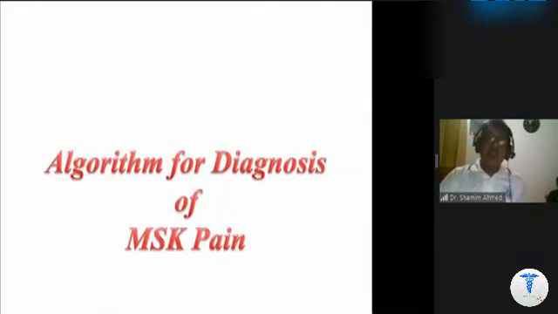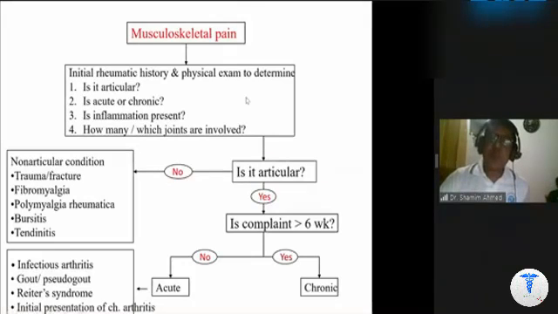Now, there is a simple algorithm for diagnosis of musculoskeletal pain. When a patient has joint pain or musculoskeletal pain, we should initially take a rheumatic history and do a physical examination to determine whether it is articular, whether it is acute or chronic, whether inflammation is present, and how many joints are involved.